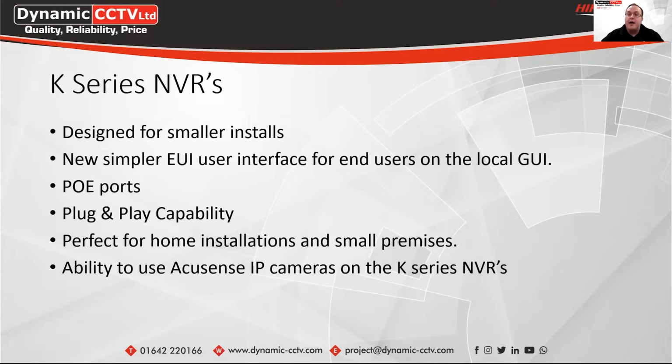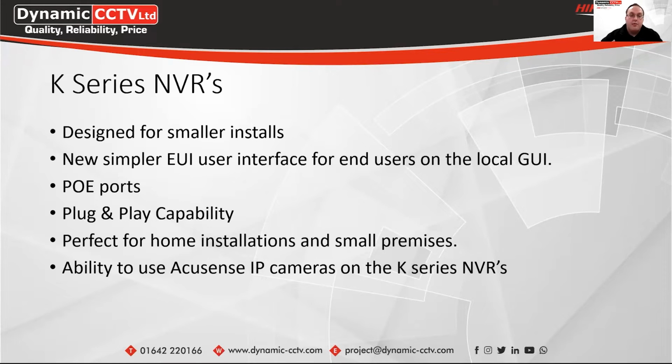It's a similar kind of way that the NVRs work, where the recorder actually handles the handshake between the camera and the NVR. So it makes it a lot easier to set up for smaller installs using IP cameras. There isn't a need to go in and manually configure those IP cameras with IP addresses for smaller installs if they're plugging directly into the PoE ports.